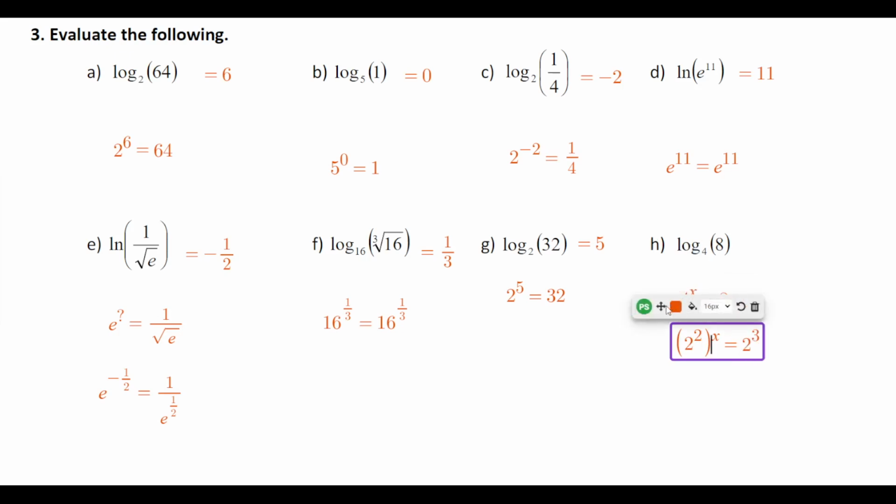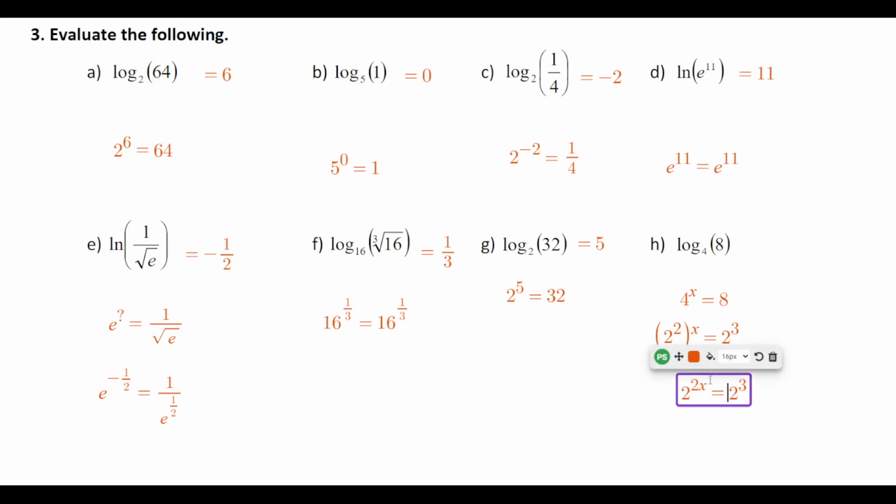Now, if I raise a power to a power, like I'm doing on the left-hand side here, I can multiply those powers to combine them. So what I've got here is 2 to the power of 2x is equal to 2 to the 3rd power, 2 cubed. And so now I've got a statement where 2 to the 2x is equal to 2 to the 3rd power. Here, since both of my bases are the same, I can, yep, you guessed it, drop the bases, and we get 2x equals 3.